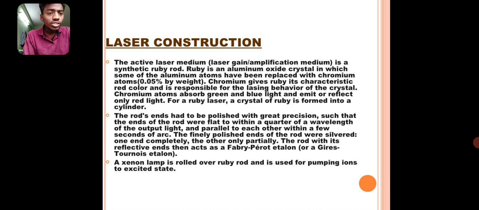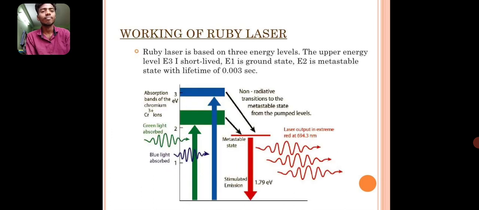The finely polished ends of the rod were silvered, one end completely, the other only partially. The rod with its reflective ends then acts as a Fabry-Perot etalon or a Gires-Tournois etalon. A xenon lamp is wrapped around the ruby rod and is used for pumping ions to the excited state.